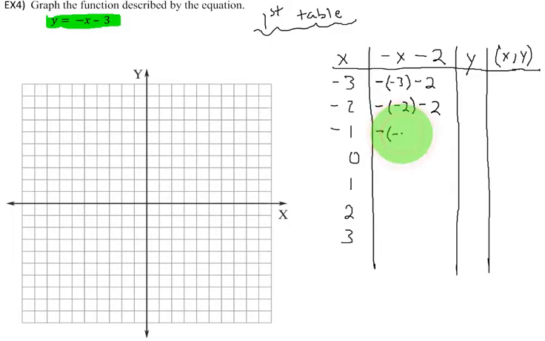Negative, negative 1, minus 2, negative 0, minus 2, negative, positive 1, minus 2, negative positive 2, minus 2, and negative positive 3 minus 2. And let's go ahead and fix that 3 real quick.